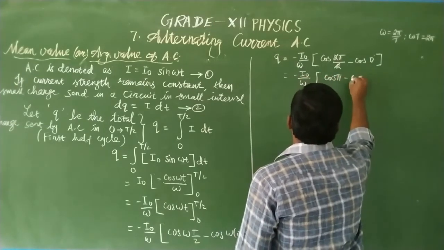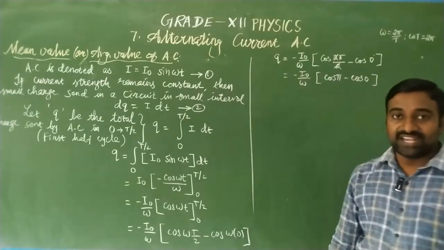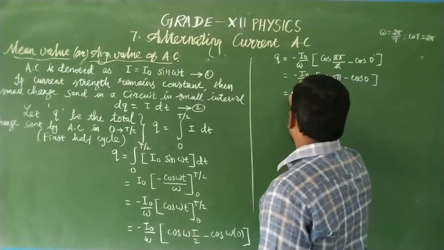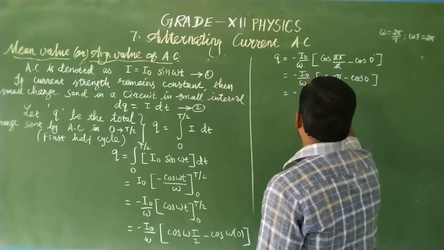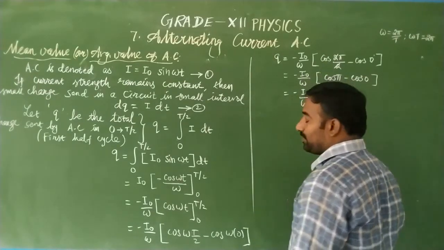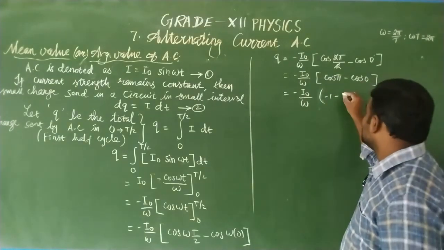Then minus I naught by omega into cos pi minus cos 0, since the 2 cancels. What is the value of cos pi? Cos 180 is in the second quadrant, where only sin is positive, the remaining are negative. So cos 180 is equal to minus 1. And cos 0 is equal to sin 90, so it is 1.